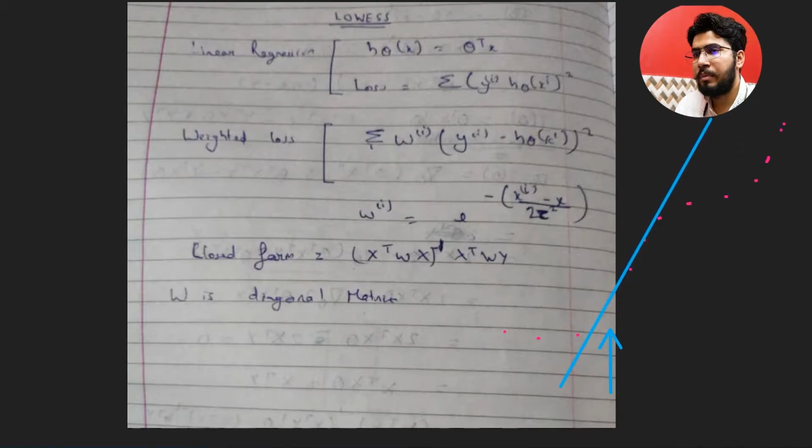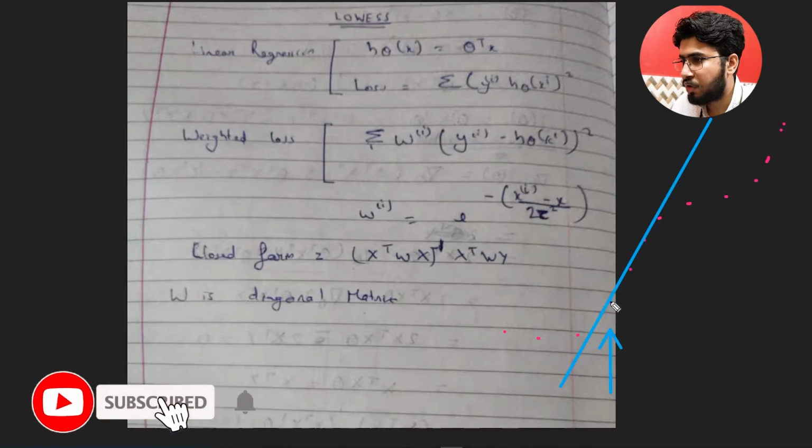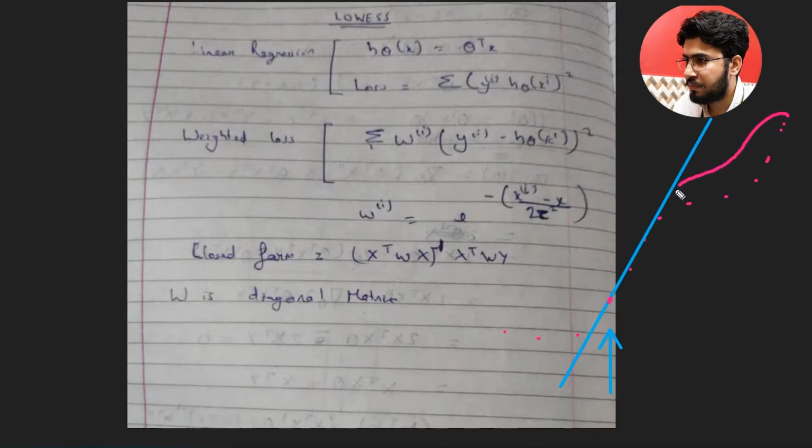The main idea here is that the points that are closer to our original query point, which is this, are going to impact this line. But points like these, which are not close to our test point, are not going to impact this line. And how is it not going to impact this line?